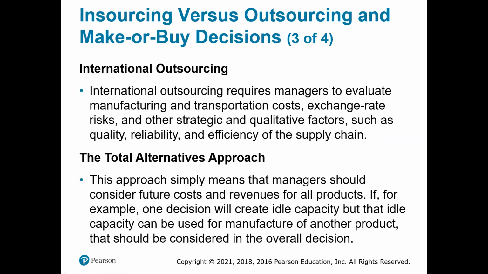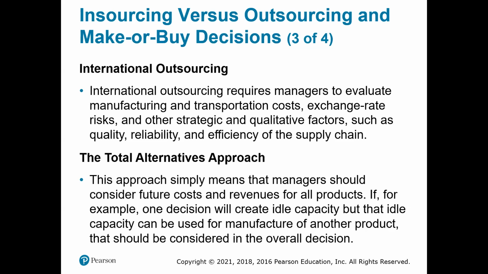International outsourcing requires managers to evaluate manufacturing and transportation costs, exchange rate risk, and other strategic and qualitative factors such as quality, reliability, and efficiency of the supply chain. So whether it's international or domestic outsourcing, the question of quality, reliability, and efficiency on the part of those partners is extremely important.